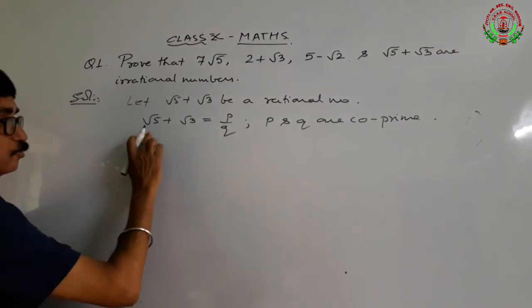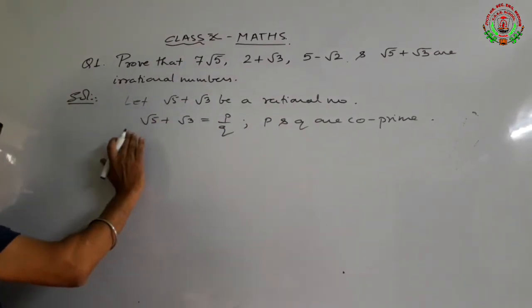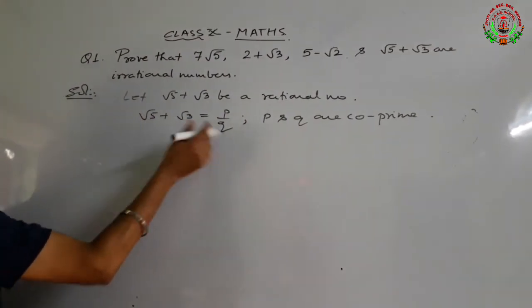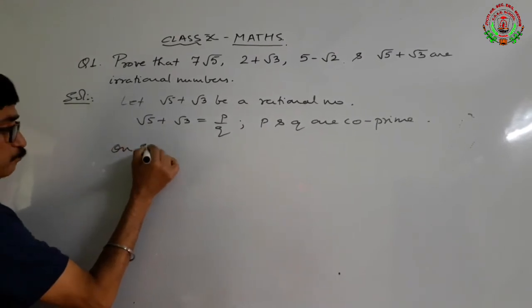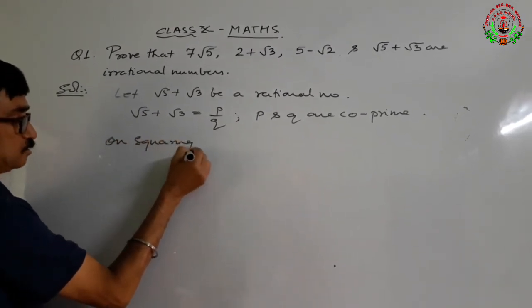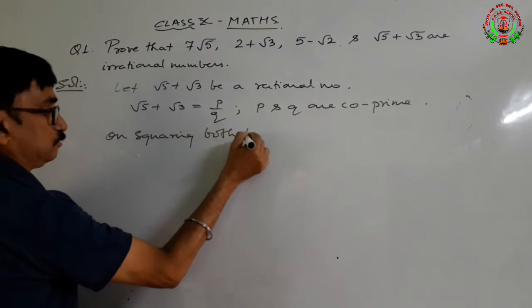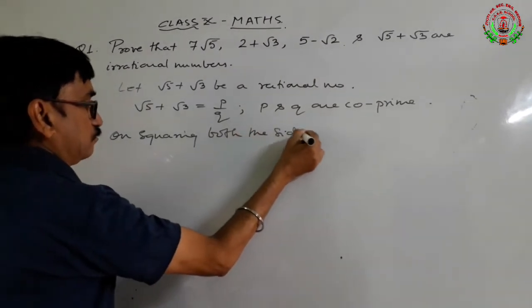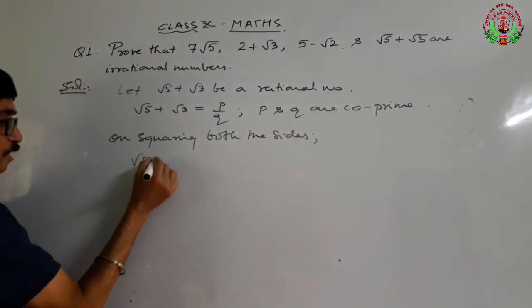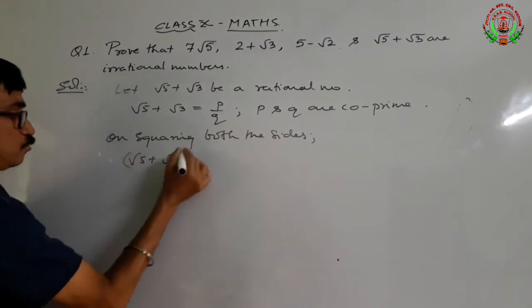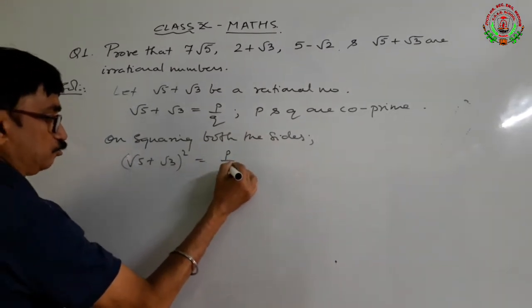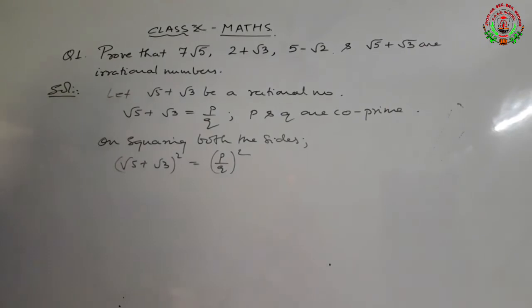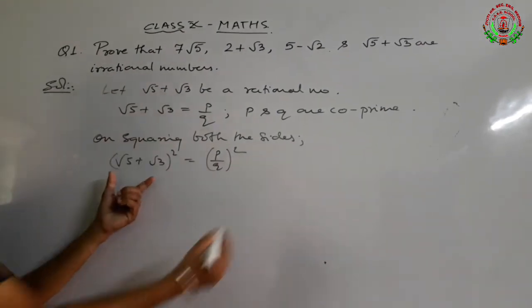Now what we have to do, no need of transposing. We have to square this equation on both the sides. When we square, root 5 plus root 3 the whole square equals p by q the whole square. Now it is of the form a plus b the whole square.